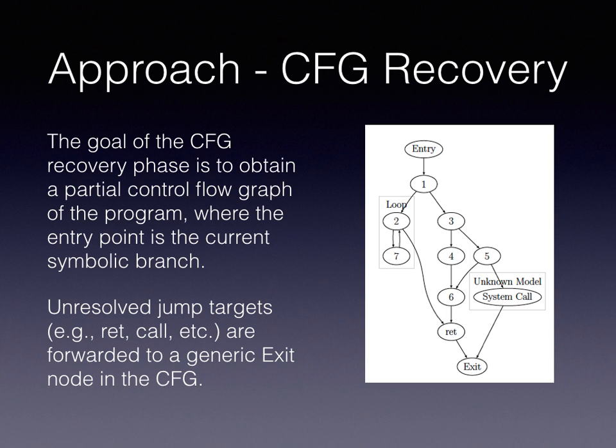In this phase, unresolved jump targets such as system calls and so on are forwarded to a generic unknown node in the CFG. Just as in the figure on the right, it shows the form of an example CFG after the recovery phase. You can see it contains the unknown node. It is the system call.